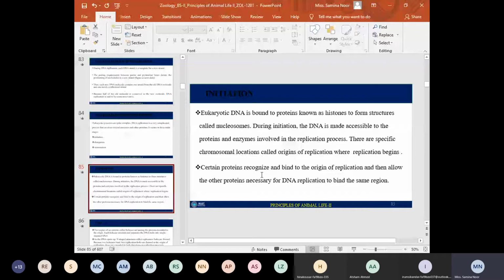During initiation, the DNA is made accessible to the proteins and enzymes involved in the process of replication.